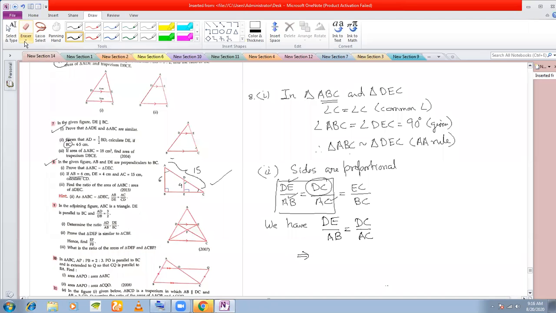Let us write CD as given in the question instead of DC. Now DE is 4, AB is 6, CD we have to find out, and AC is 15. Now you multiply, you get 6 CD is equal to 15 into 4. Therefore, CD is equal to 15 into 4 by 6. Now you find out whatever it is.